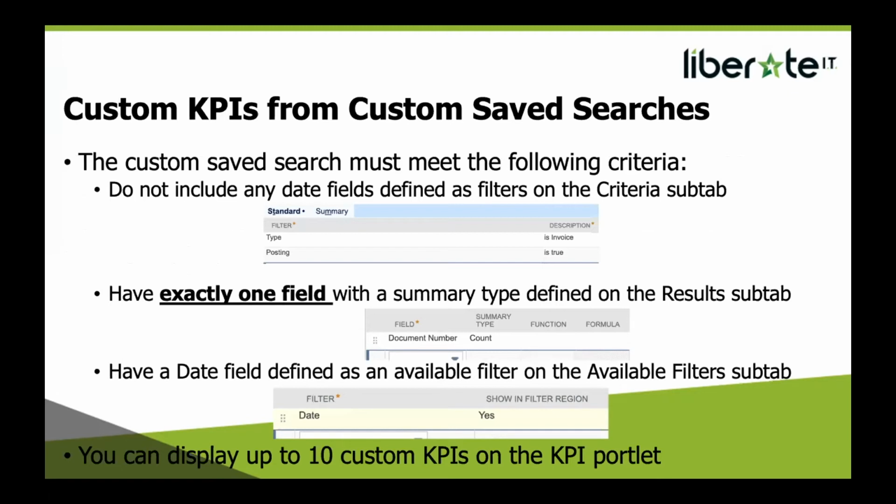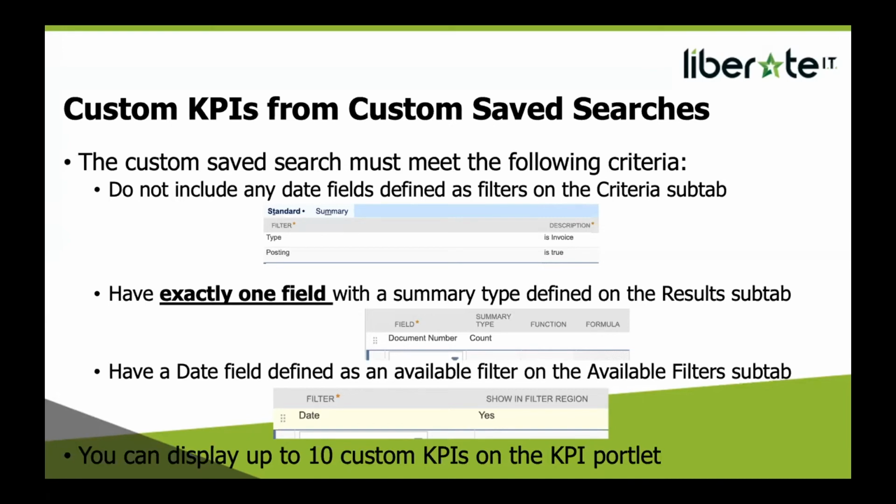Second, you have to have exactly one field with summary type defined on the results tab. Now, in this case, I have count as summary type. Lastly, make sure to have a date field defined on the available filters subtab. Okay, so these are the three criteria that you should meet, right? So again, you can display up to 10 custom KPIs on the KPI portlet.